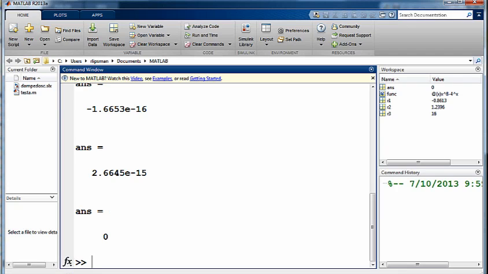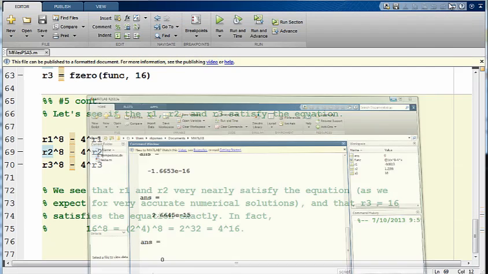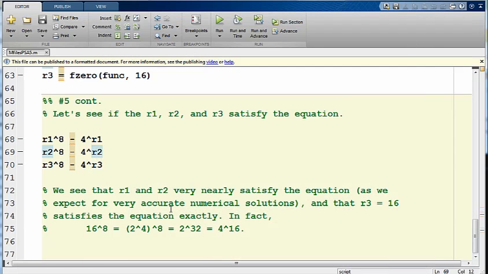And now if we go back to the file, we see that R1 and R2 very nearly satisfy the equation, as we expect for very accurate numerical solutions. And the third one, 16, actually satisfies the equation, which I've verified right here. 16 to the 8th actually is 4 to the 16th.